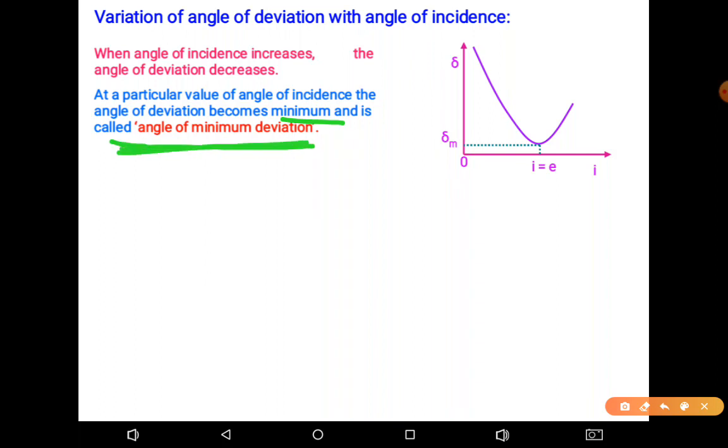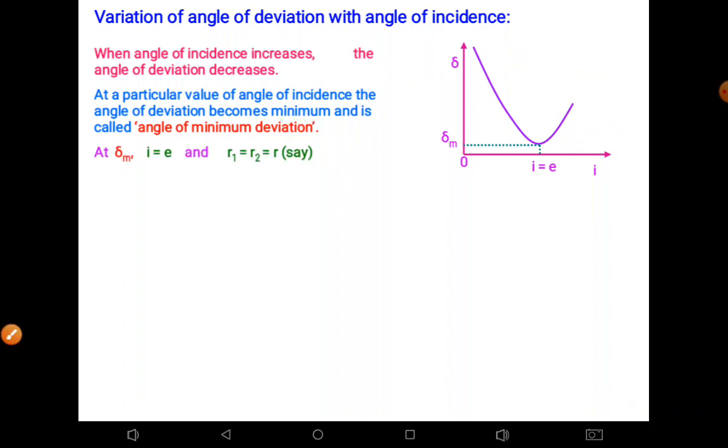We have to keep in mind that when the angle of deviation equals the angle of minimum deviation, then I equals E, R1 equals R2, and that is equal to R.